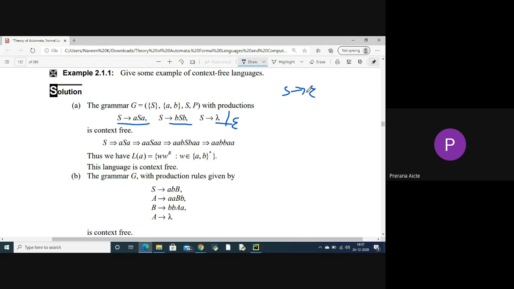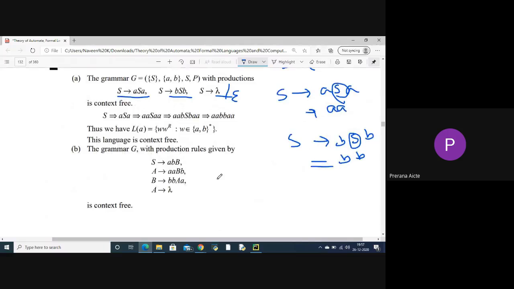First, S tends to epsilon, and S tends to ASA, and S tends to BSB, which gives BB when I place epsilon in place of S. Another possibility is S tends to ASA, and again this S is replaced by ASA or BSB.